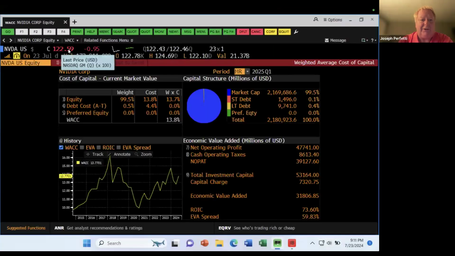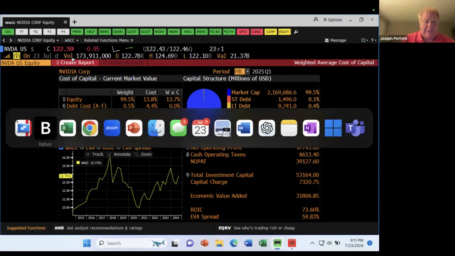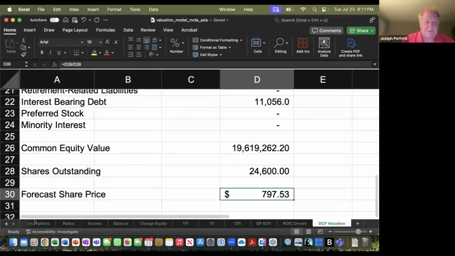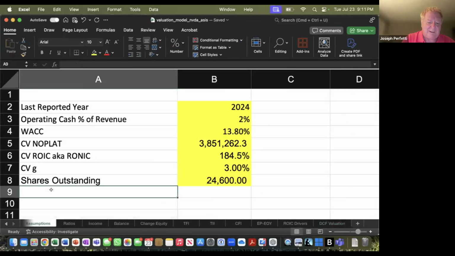Today, Nvidia closed at 122.59 a share. Okay, that's our last price. So 122.59 in our model assumptions, next assumption down, current share price.